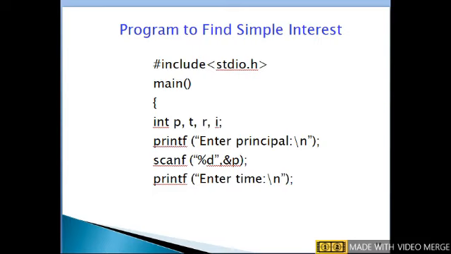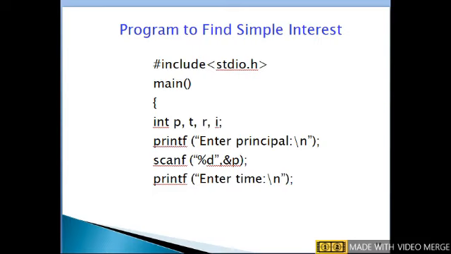All of you know how to calculate simple interest in real life. The formula is P T R by 100. P means principal, T means time, R means rate of interest. These three factors are multiplied and divided by 100. Then we will get the simple interest.